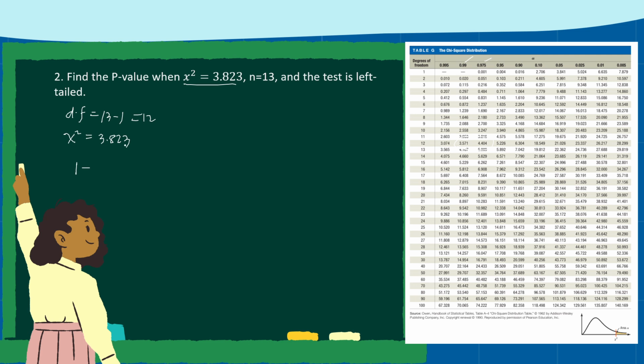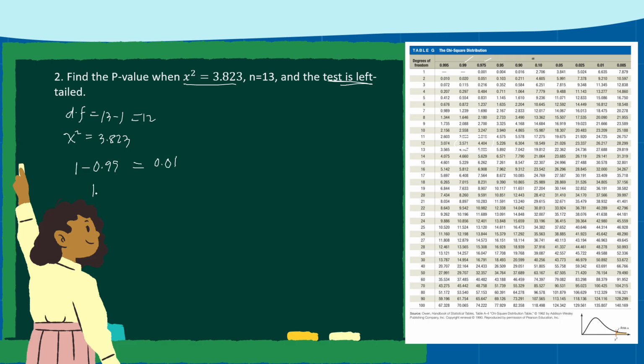So the test is left tail. When the chi-square test value falls on the left side, each value must be subtracted from 1 to get the interval of the p-value. So since that is 0.99 and left tailed, we subtract it from 1: 1 minus 0.99 is equal to 0.01.